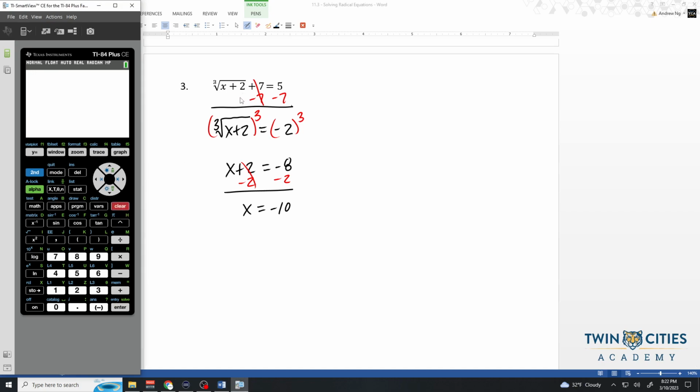For the cube root, I'm going to do negative 10 plus 2 to the 1/3 power, and then plus 7. So this here should be equal to 5, otherwise this is an extraneous solution, and it is equal to 5. So that means that this is a good solution.